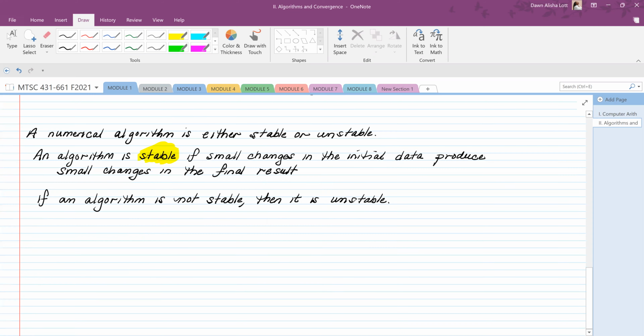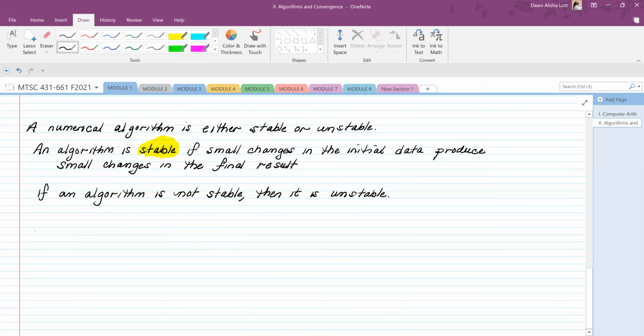Now, some algorithms are conditionally stable. So that means that they're stable only for certain parameters.